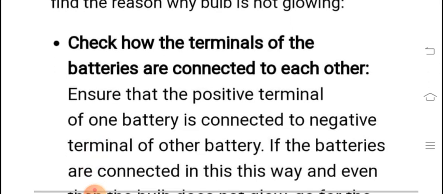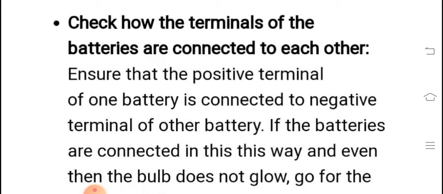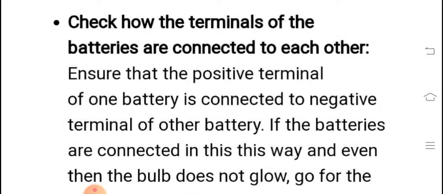Check how the terminals of the batteries are connected to each other. If the bulb is not glowing, definitely we are going to check the wires, how they are connected with each other. Whether some wire is missing, or whether some wire is connected positive to positive. If there is a wrong connection, then we have to correct it.